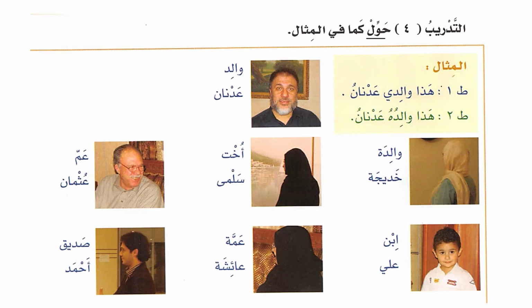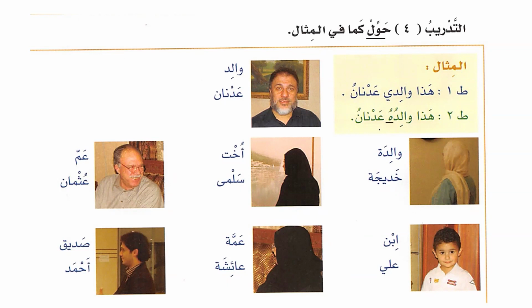And for example, here the example is, for example, we have Walid and Adnan. So you say هذا والدي عدنان, هذا والده عدنان. Now here, the attached pronoun that we have learned already is used to talk about someone, the singular masculine third person.